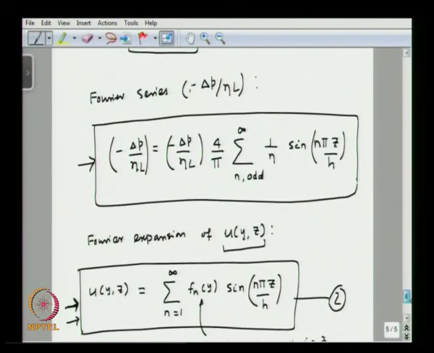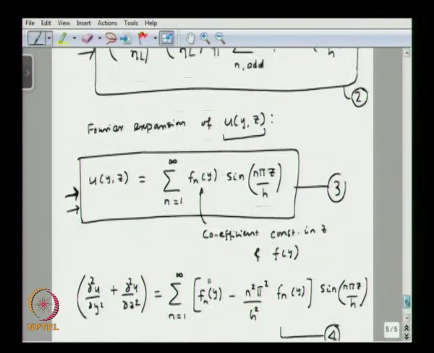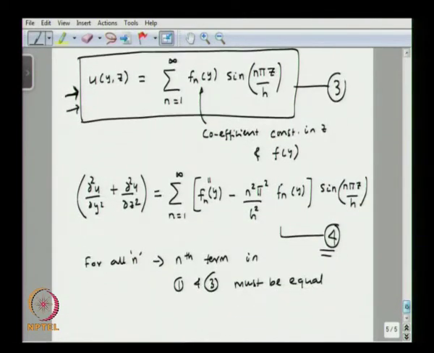Sorry, let us call this equation 2, equation 3, and this to be equation 4. Now, this is the right hand side, and that we are comparing with equation 4.